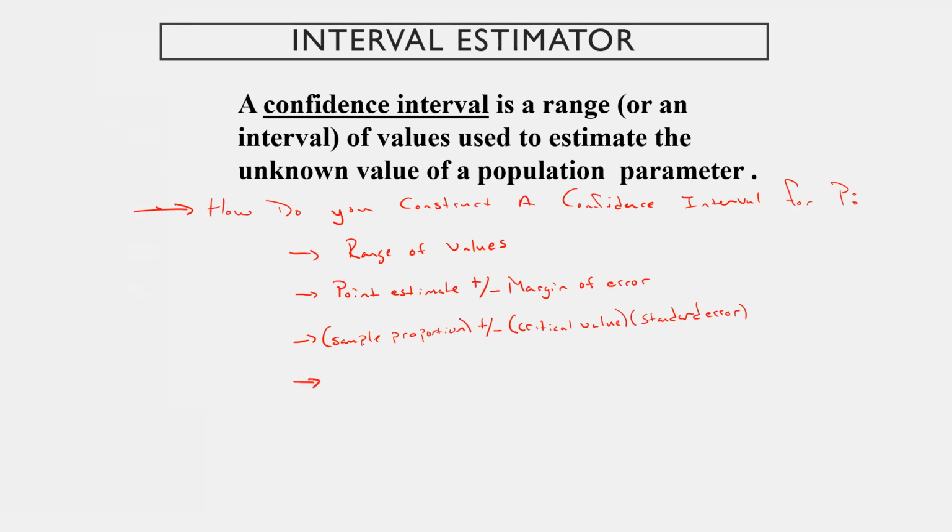So our formula: the sample proportion is P hat, and then we add and subtract something. The critical value here is no longer a T. We don't use the T distribution here, never do. It's always Z of alpha divided by 2.